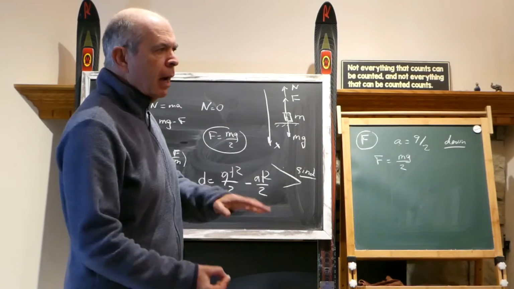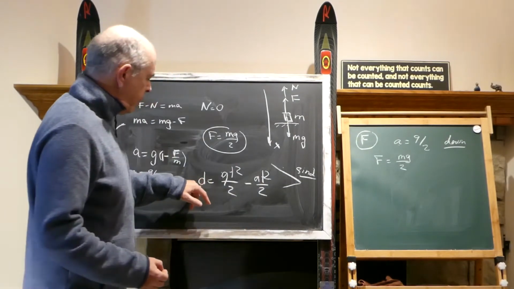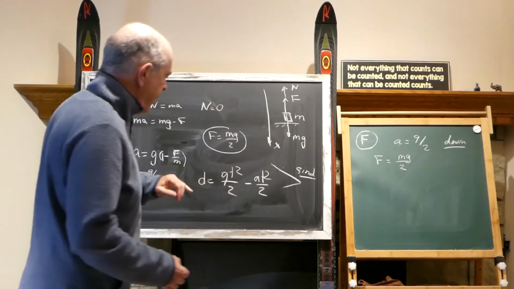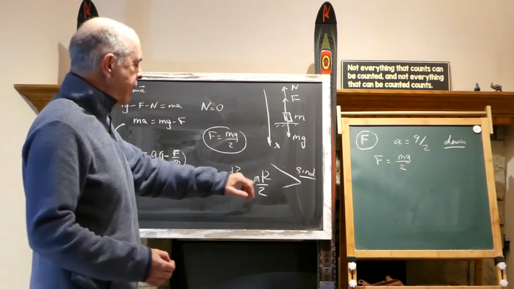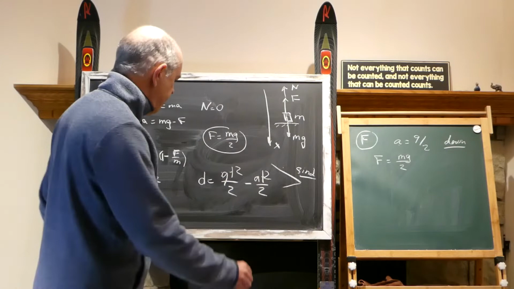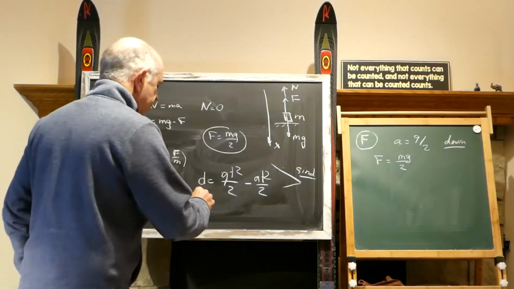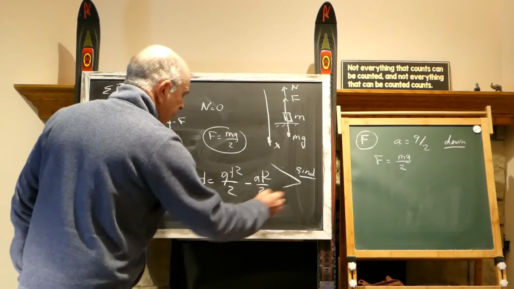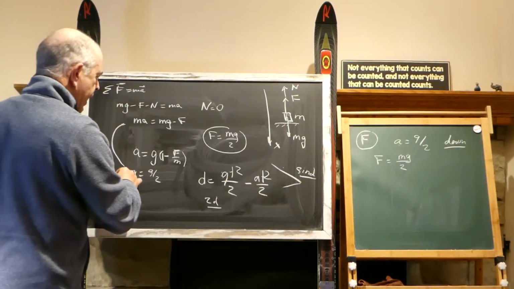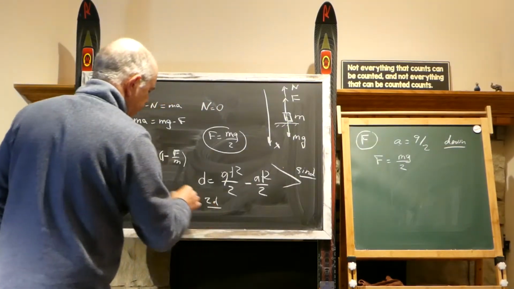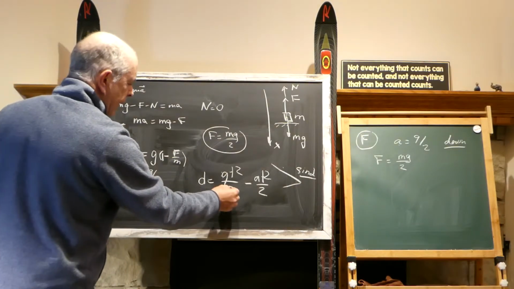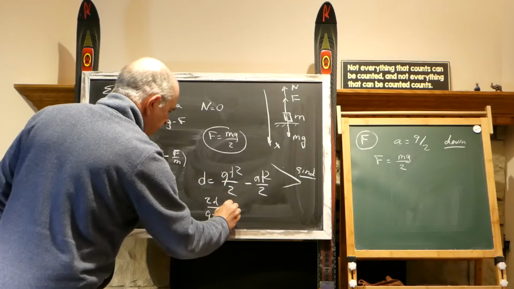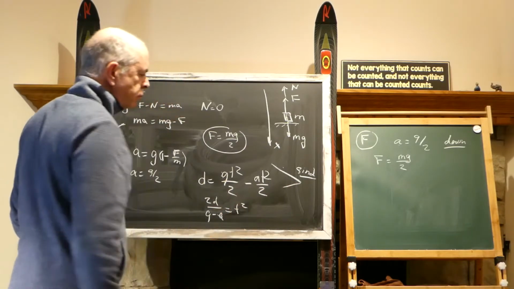So I lift my upper body for the d, and notice I keep everything lowercase, and d is gt squared over 2 minus at squared over 2. And I can say immediately that 2d, and I don't want even to plug in a equals g over something yet, but I get 2d over g minus a equals t squared.